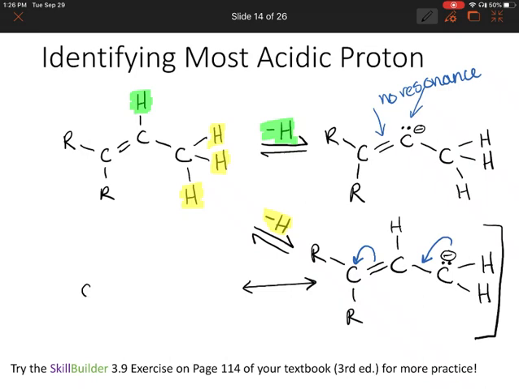Okay, so if we move those electrons around, we'll have a double bond on the right-hand side this time. And then we'll have a negative charge on the carbon on the left.